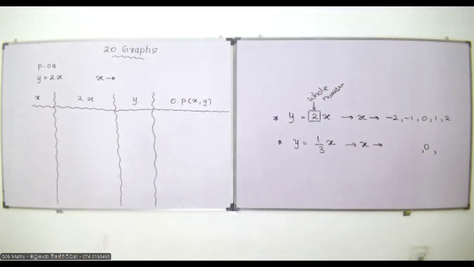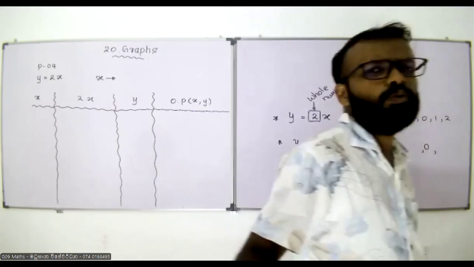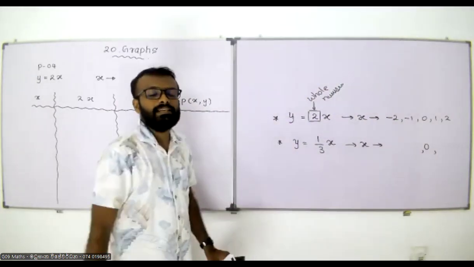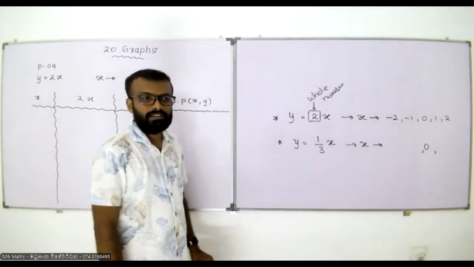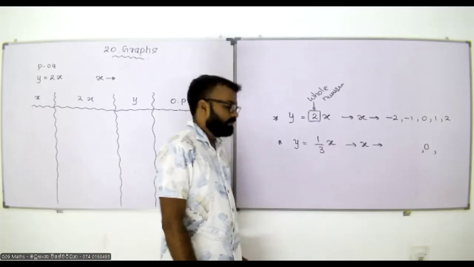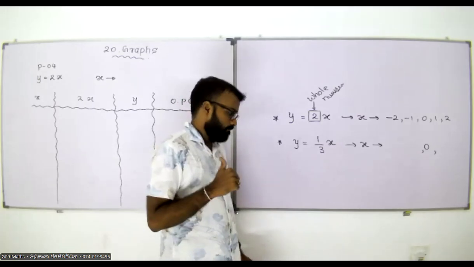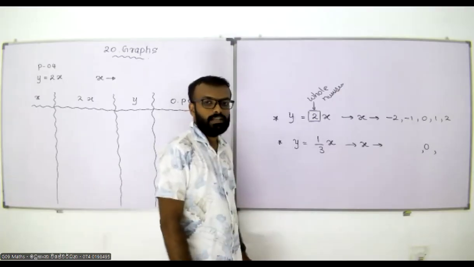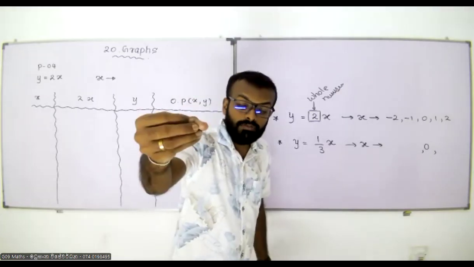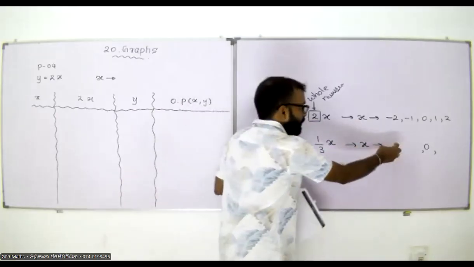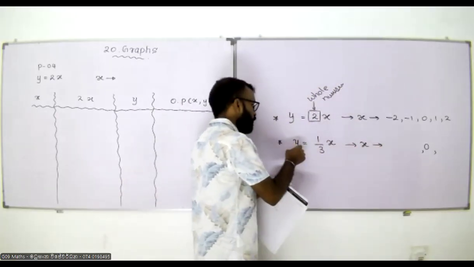We have to choose multiples of 3. Yes, exactly. Why are we going to choose multiples of 3? Because the denominator is 3, so it can be divided by that number. Exactly. You need to get rid of the fraction when it comes to the y values.